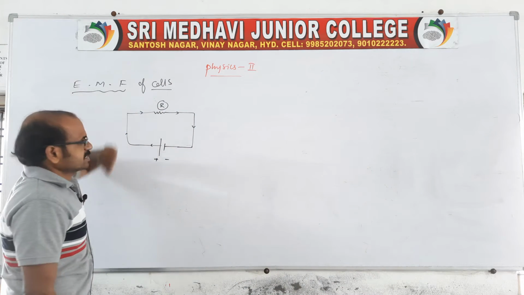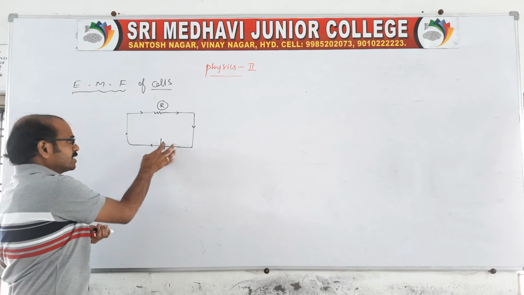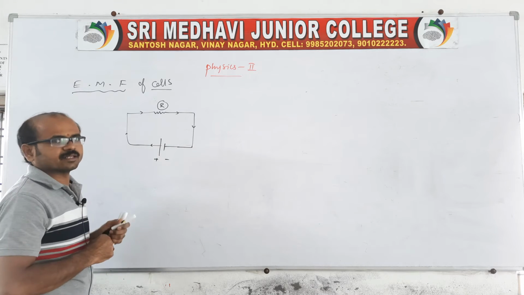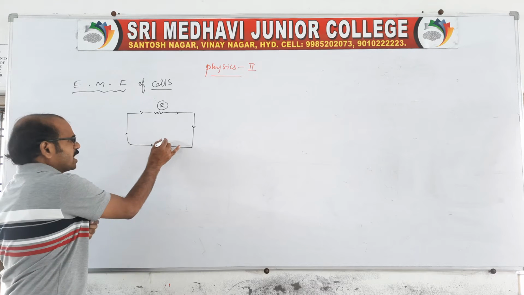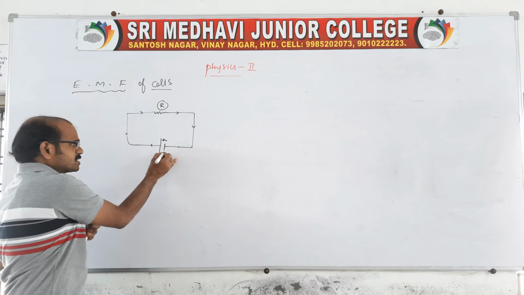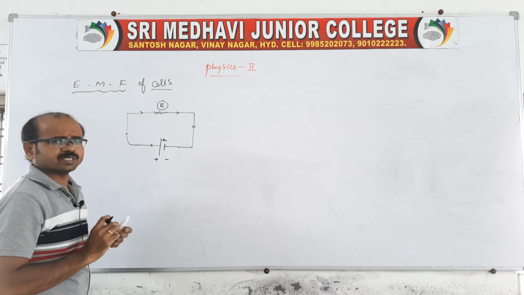But EMF of a cell is about the charge flowing from negative to positive also, inside the cell. Sir, how? There is an opposition, because the positive charge moves from negative to positive, so work has to be done.